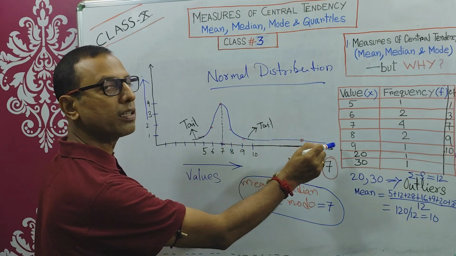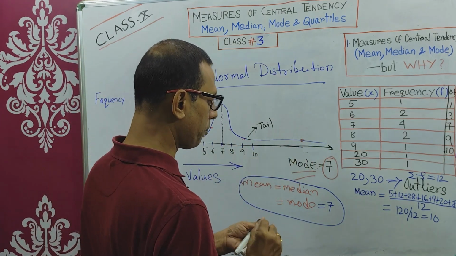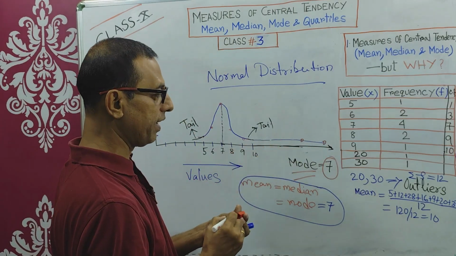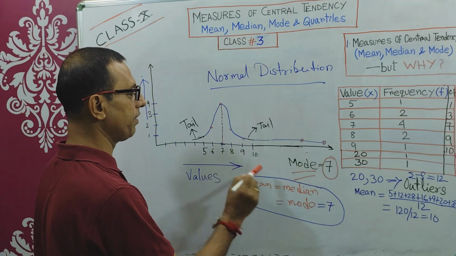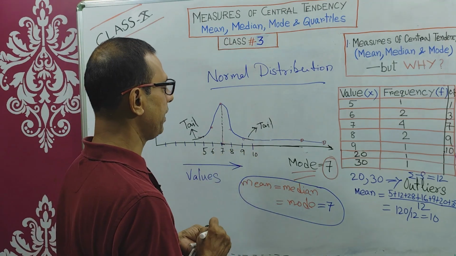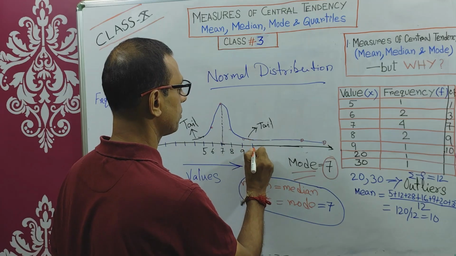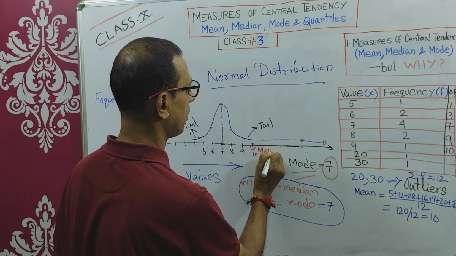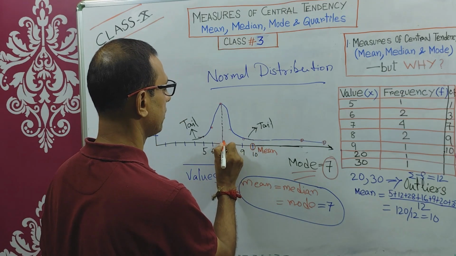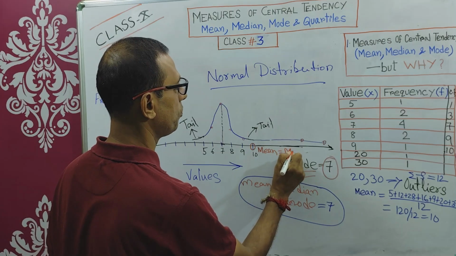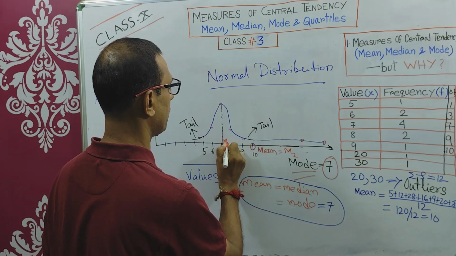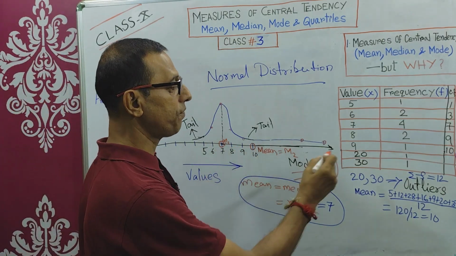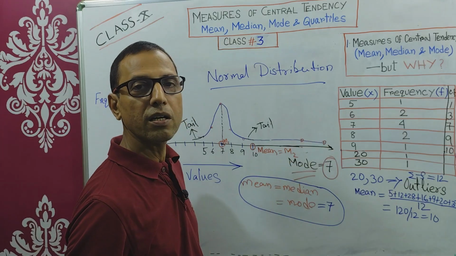This is the smaller one, this is the larger one. There are two points, 20 and 30, and therefore the mean will deviate. Earlier it was 7, it will deviate to 10. So here the mean will be this point. This is the mean with the new set of data, M2. Earlier the mean M1 was here, 7. So 7 to 10. Any inclusion of an outlier will significantly change the mean.